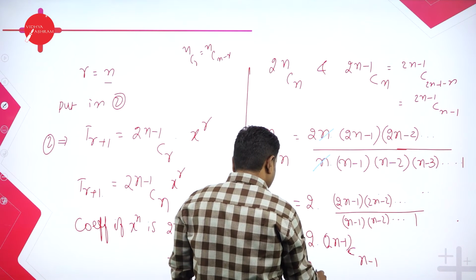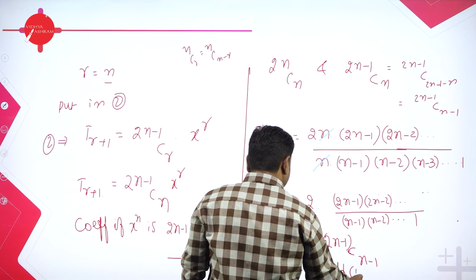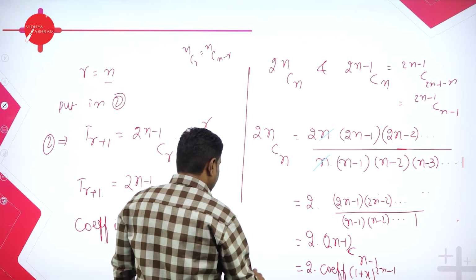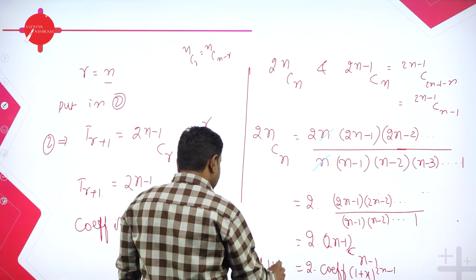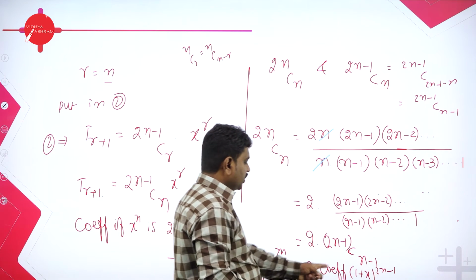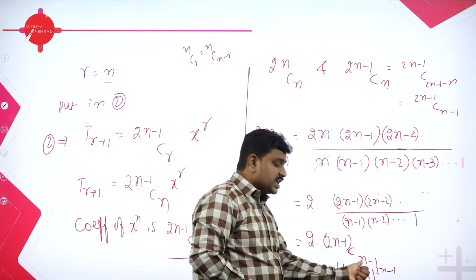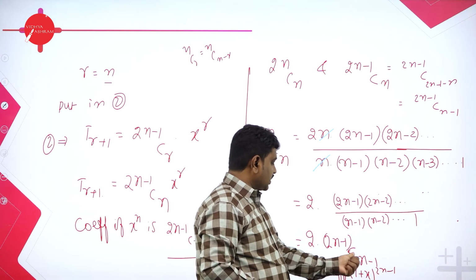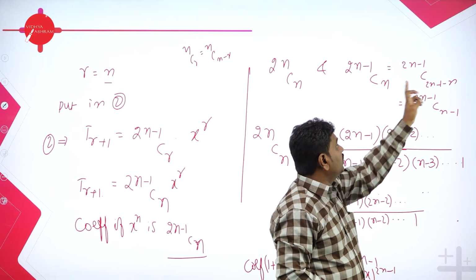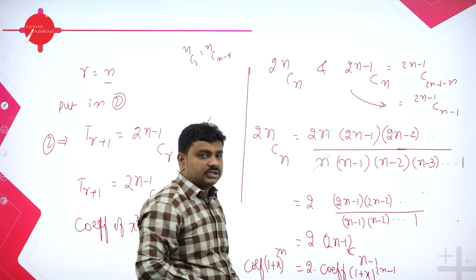So 2 times the coefficient of x^n in (1+x)^(2n−1) is the coefficient of x^n in (1+x)^(2n). This is 2 times 2n−1 C(n−1). And 2n−1 Cn can also be written as 2n−1 C(n−1). These two are the same. So therefore, conclusion.